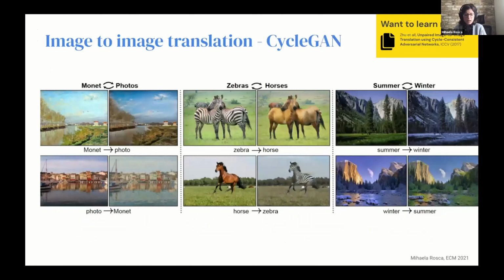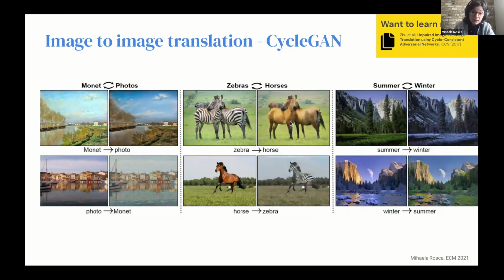And there are also types of applications that have been unlocked using these new types of research, including unsupervised image-to-image translation. So this is one of my favorite ones, and it's a lot of fun, in that if you have, let's say, a picture of a zebra and you want to turn that into a picture of a horse, in the past you often would have needed paired data.